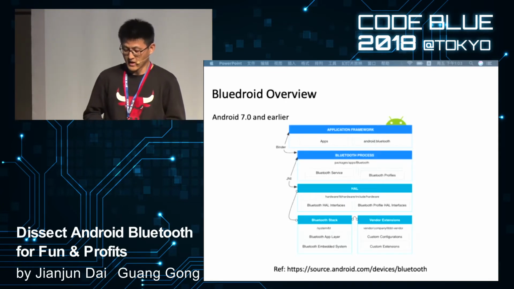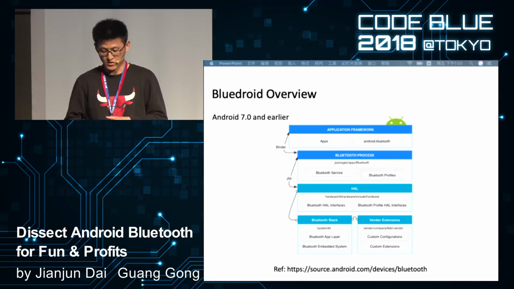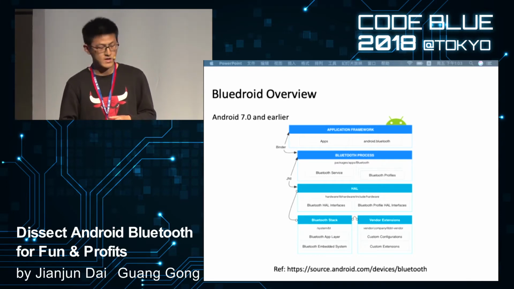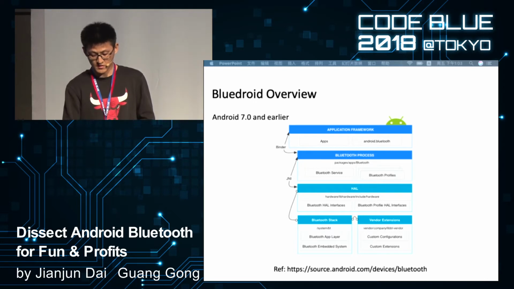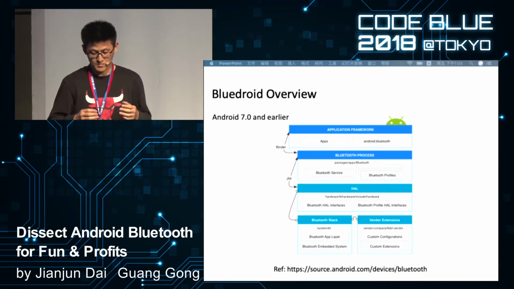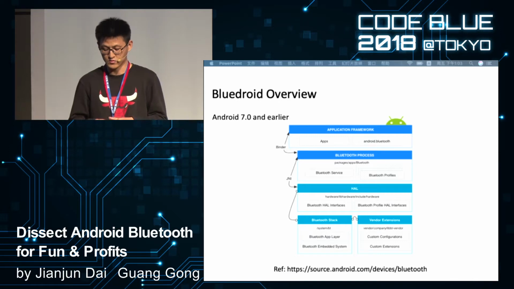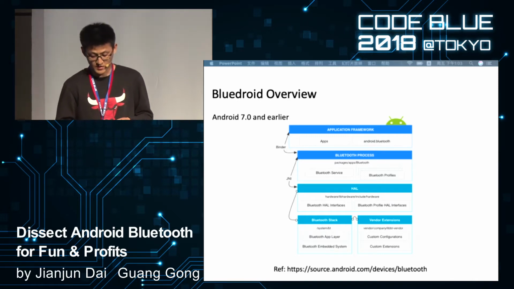Let's take a look at the architecture overview of Bluetooth for Android 7 and earlier. A Bluetooth system service communicates with the Bluetooth stack through JNI and with applications through Binder IPC.